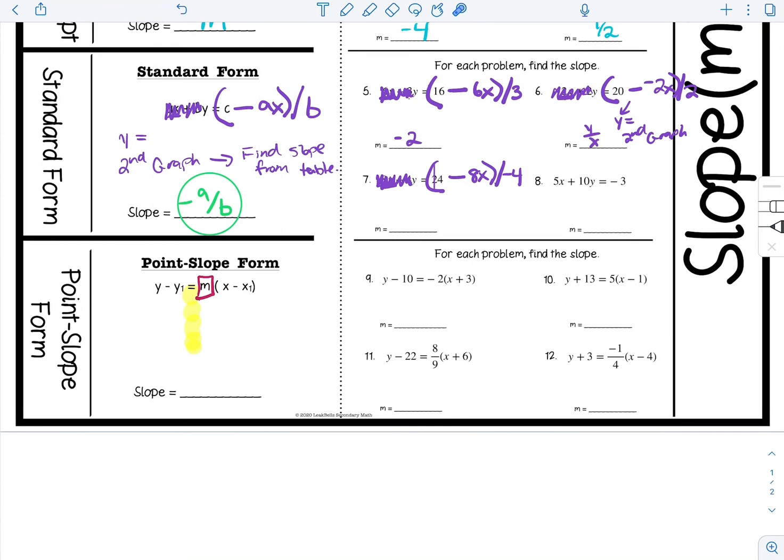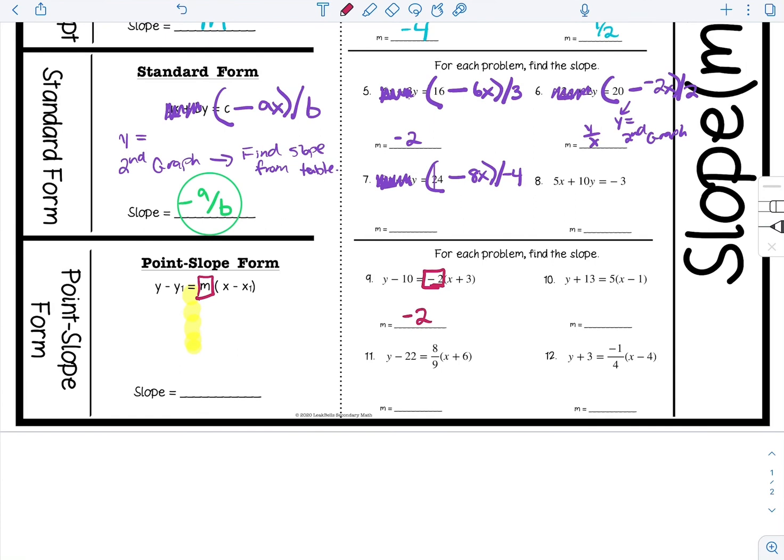So what's the slope? Remember, that's the point. For each problem, find the slope. I said it's the number right beside the parentheses. So our slope here is -2. Okay. And what about in number 10, right? We have y plus 13 equals 5 times x minus 1.